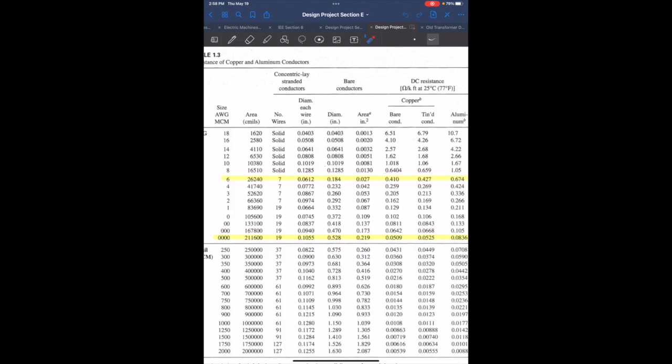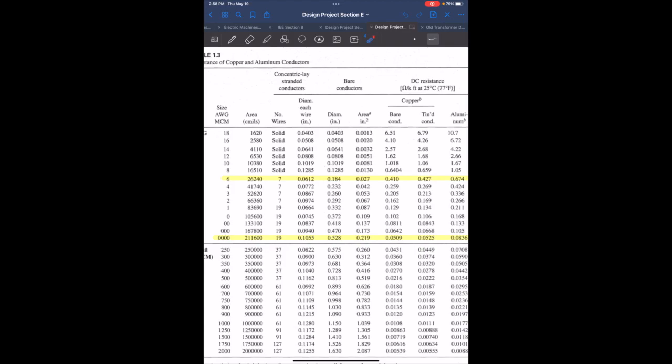The ninth harmonic was 0.123 inches in diameter, so our strands have to be 0.123 inches or smaller. In our case, the diameter of each wire is 0.0612, so it's smaller. So we're good. We can choose this one as our high side cable.